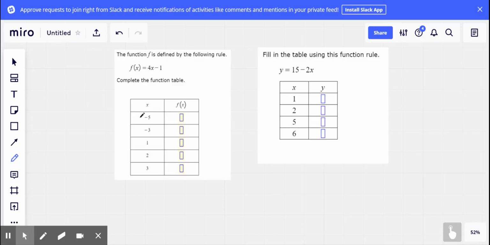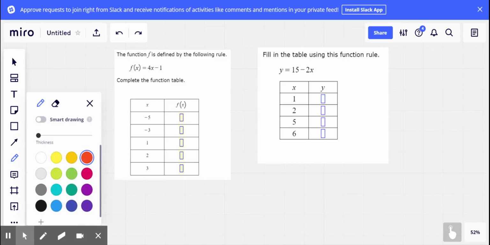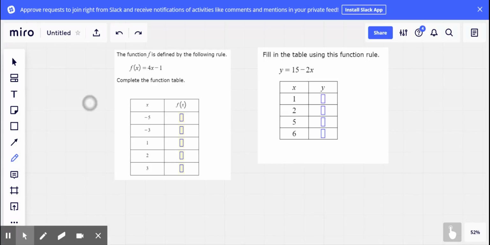When x is negative 5, what's the value of the function? So I'm going to say this is the function. Let me make this a little wider. The function at negative 5 equals 4 times negative 5 minus 1.